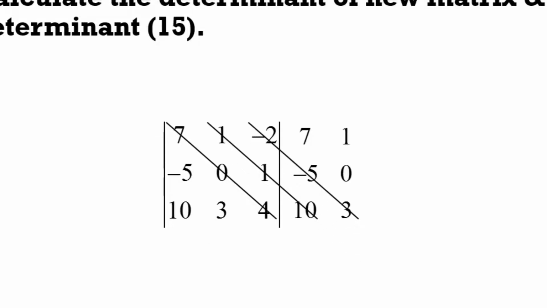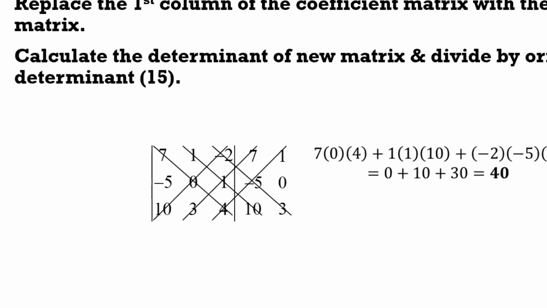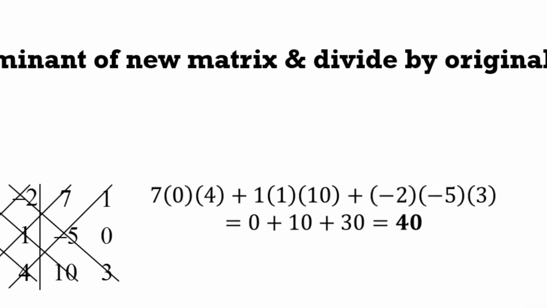And so the leading diagonals gave us 7 times 0 times 4, that is 0, plus 1 times 1 times 10, that is 10, plus negative 2 times negative 5 times 3, that is 30. So when we add, we get 40.